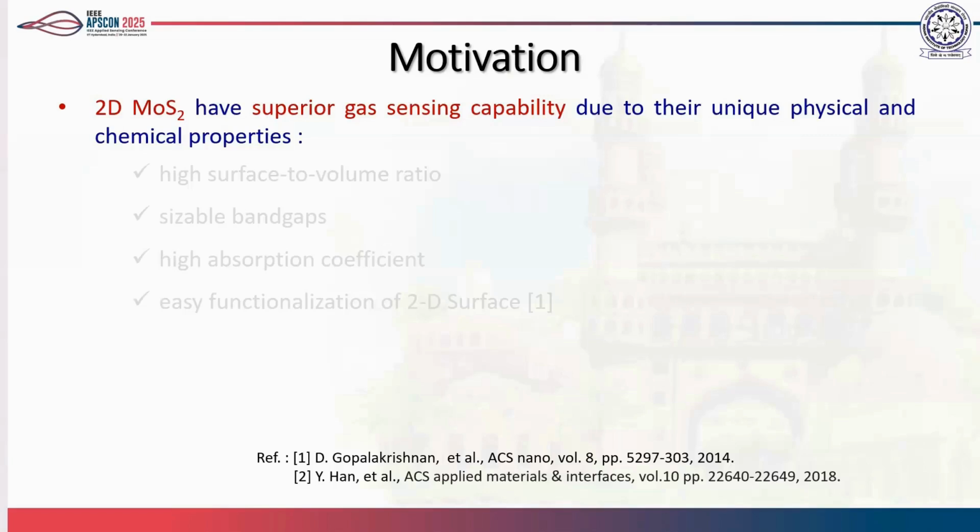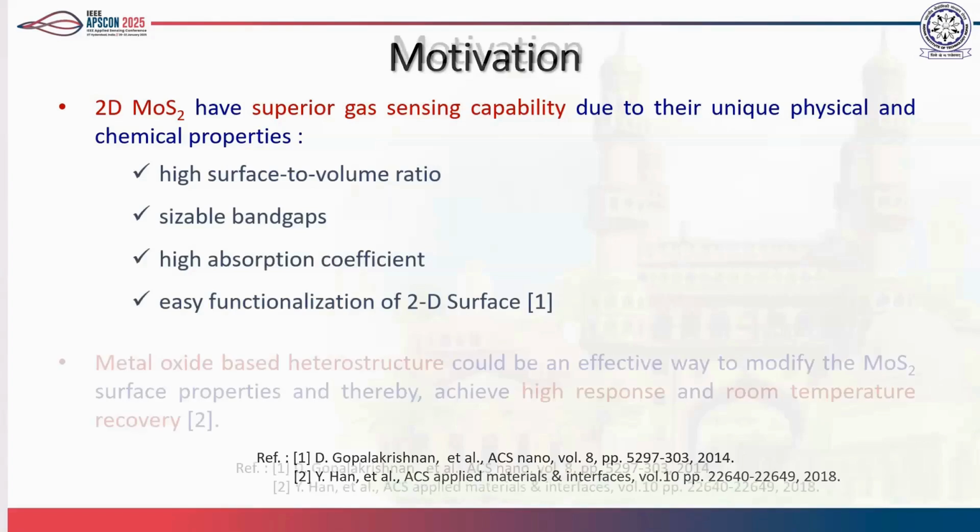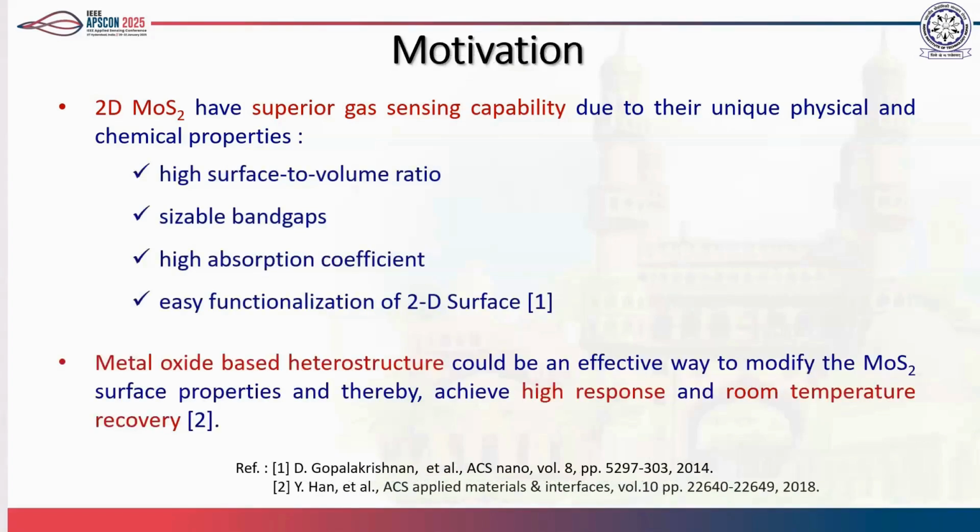So we utilized MoS2 to develop a room temperature sensor, but it also lacks selectivity, and we can use metal oxide to improve its selectivity as well as response and recovery time.